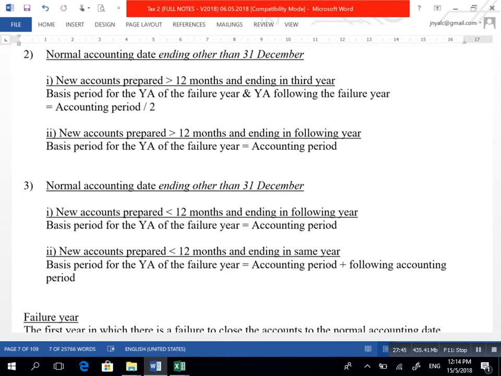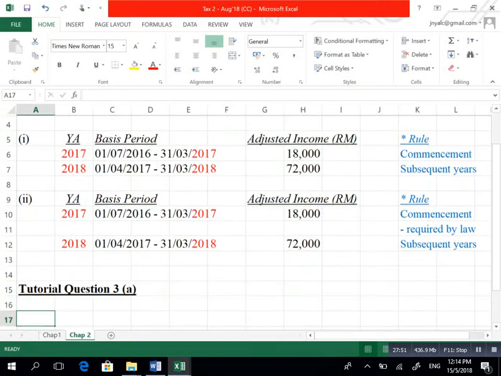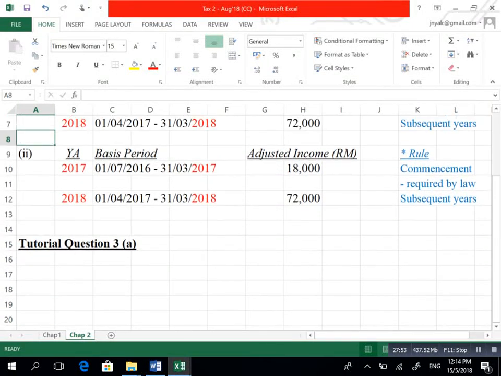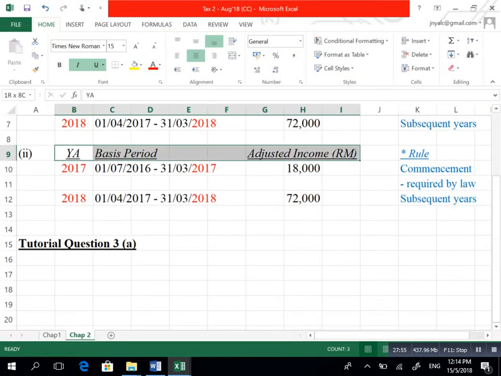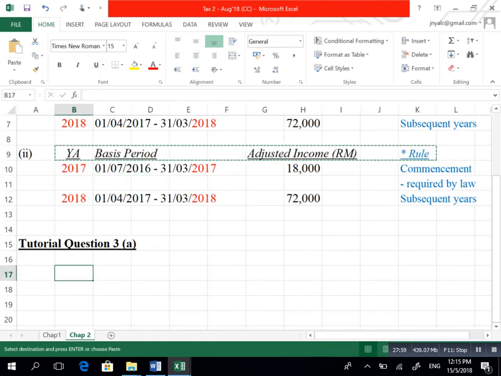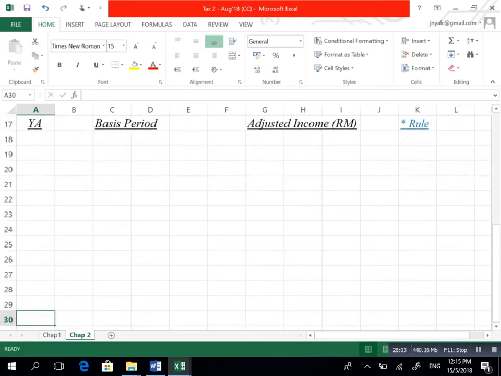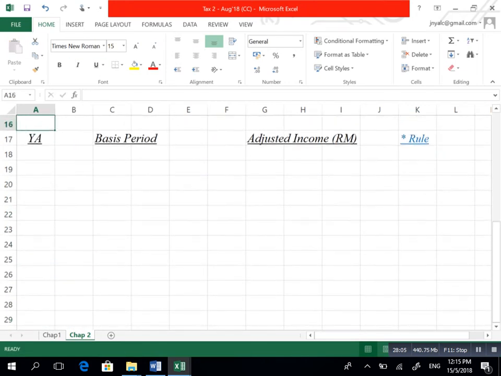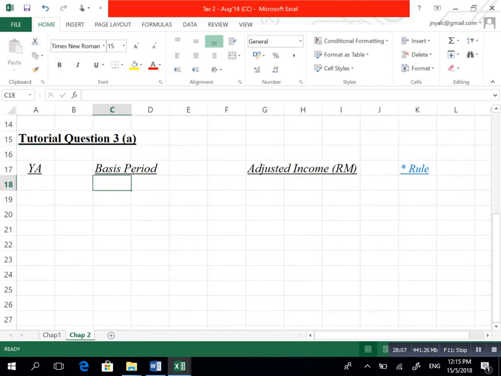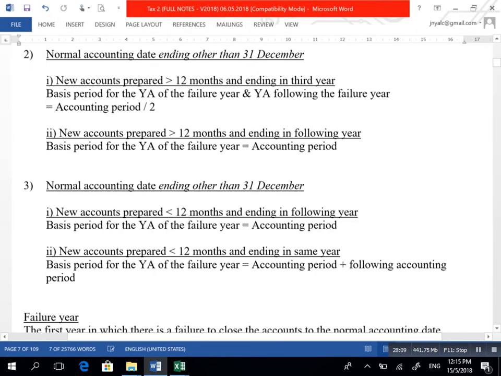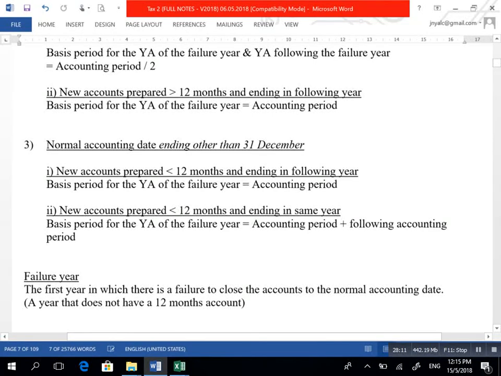Let's prepare the answer. Now, this category 3 sub 1, they mentioned that your basis period for the YA of the filer year should follow accounting period.